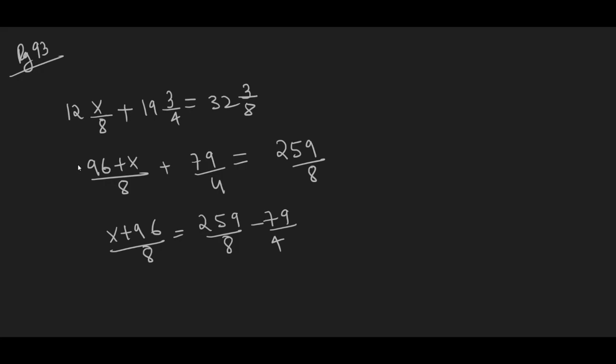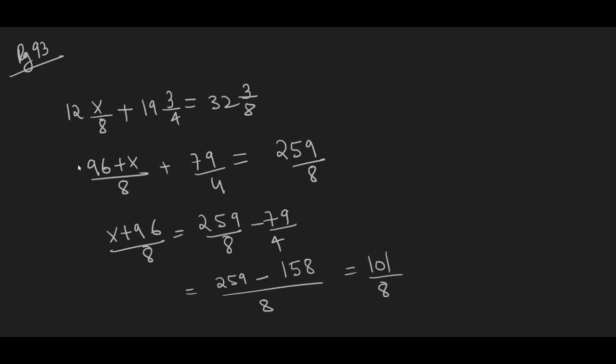So you solve this first. The LCM will be 8. So 259 minus 4 2s are 79 into 2. It will be 158. So 259 minus 158 will be 101, 101 upon 8.